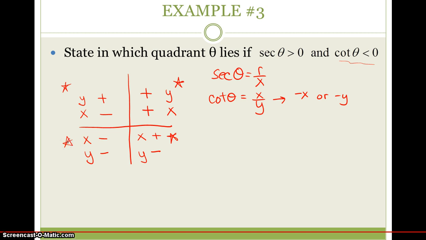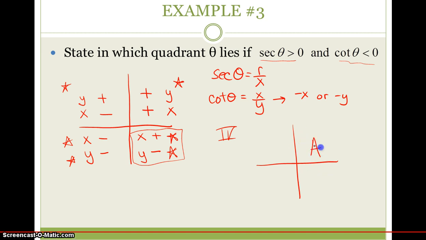Or we could also have it where our y's are negative, so then we'd have this one down here and this one down here. What we're looking for is which quadrant has both. The secant's positive and cotangent's negative, so it's going to be this one down here. It's the fourth quadrant.